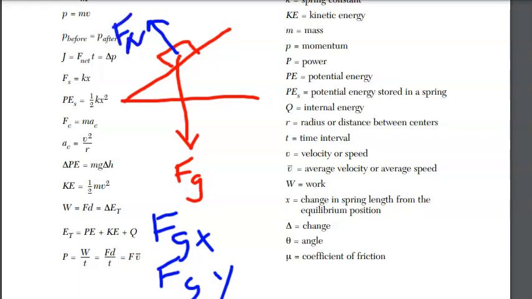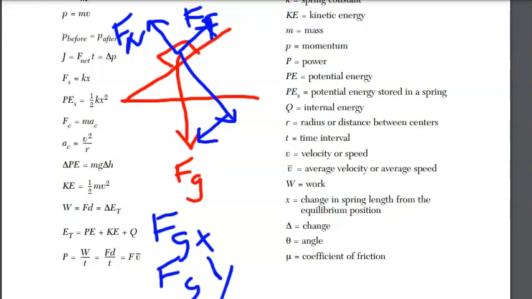And if this object is just sitting here, it's working against force due to gravity in the X, and that means that the force of friction and the force due to gravity in the X are canceling out. So the whole idea of taking the weight of the object and breaking it up into X and Y components is if you need to find the normal force and or the force of friction.